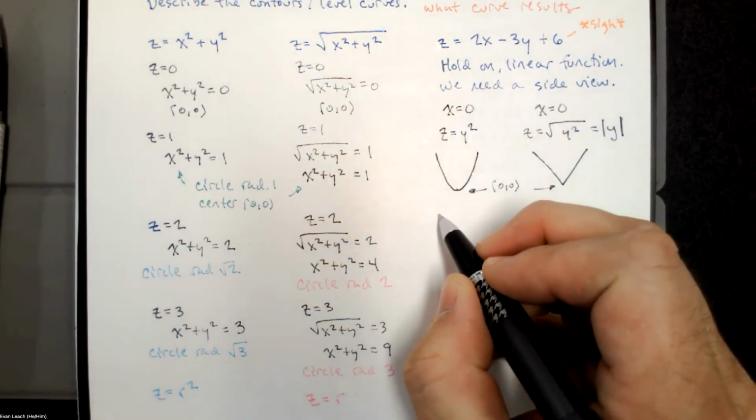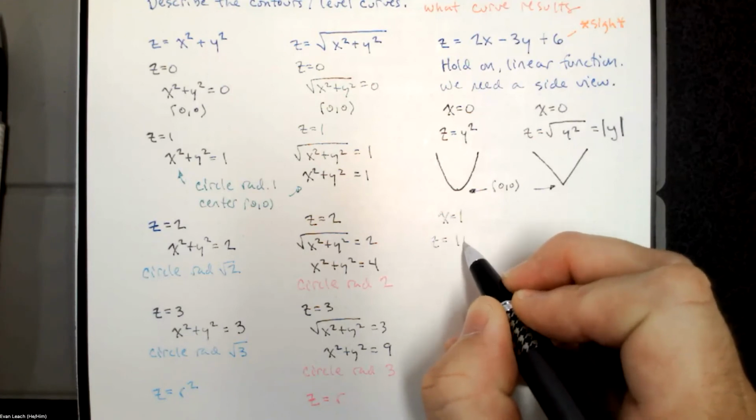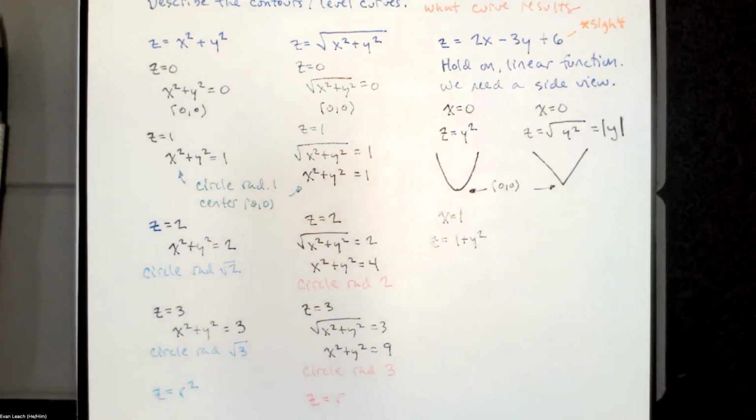Let's say x equals 1. So when x is equal to 1, if I stand at the positive x-axis, look at the surface, and take that parabola and move it forward 1 square, we see that the vertex is going to go up.